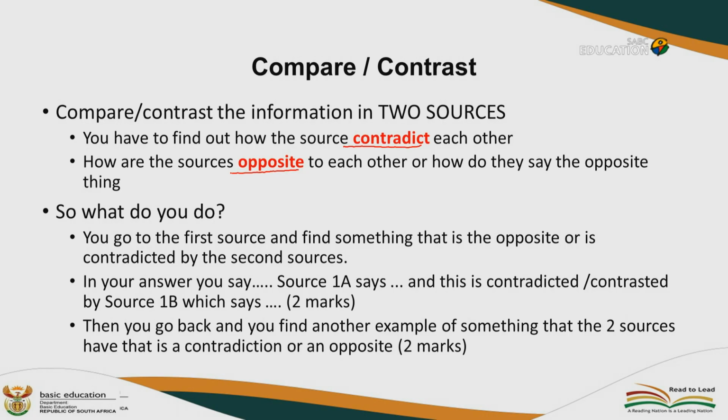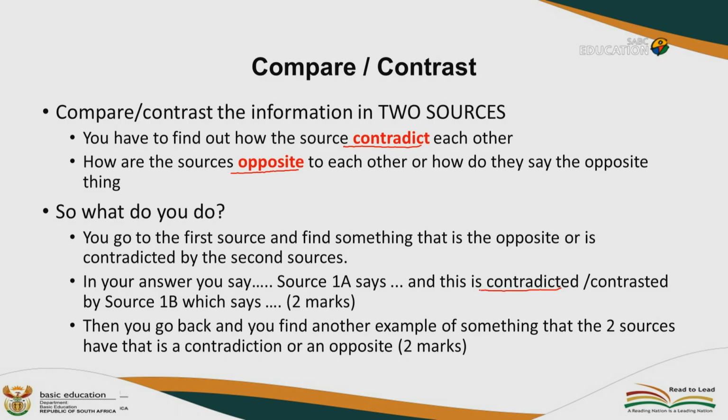Right. So what do you do? You go first to the source and find something that is opposite, that is contradicted by the source. Then in your answer, you say source 1A says this, and this is contrasted, or contradicted, by source 1B, which says this.